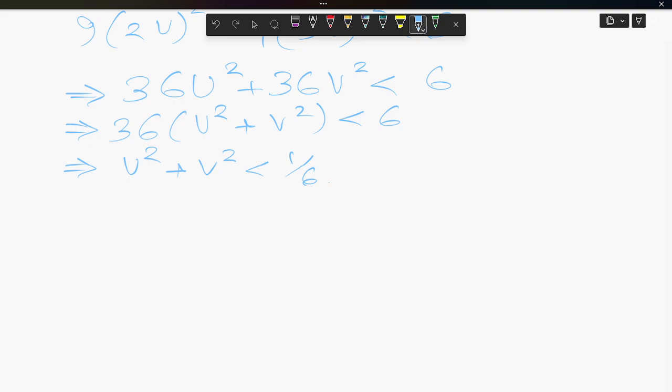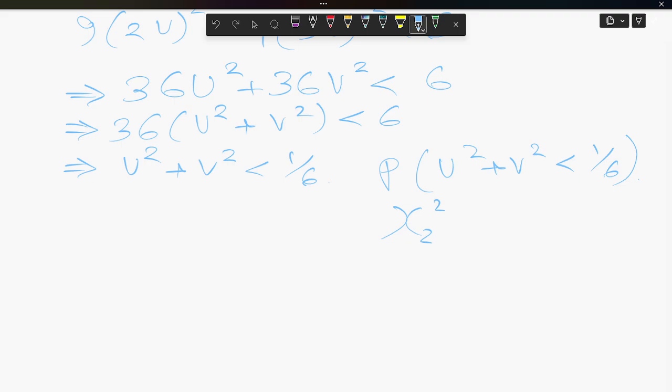Thus we need to compute the probability that U square plus V square is less than 1 by 6. Now we are going to use the chi-square distribution. The sum U square plus V square follows a chi-square distribution with 2 degrees of freedom, denoted chi-square 2.